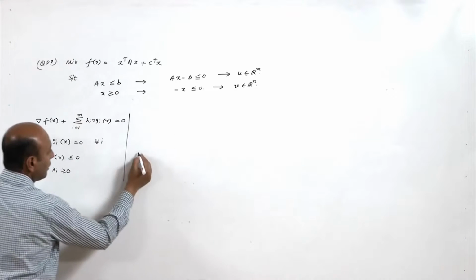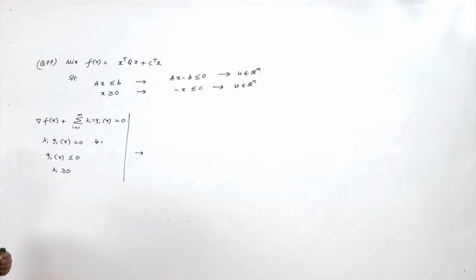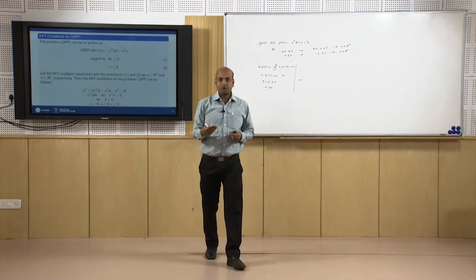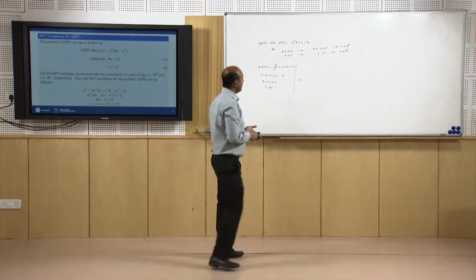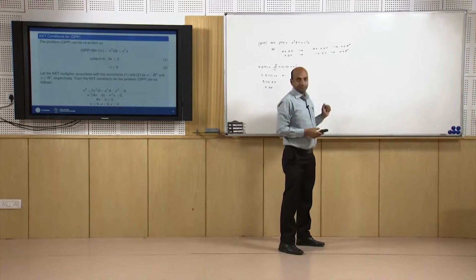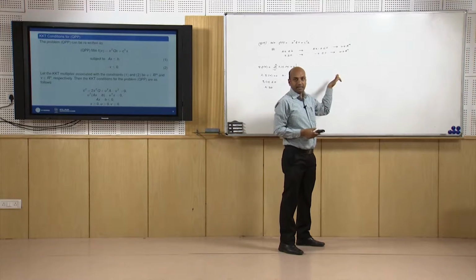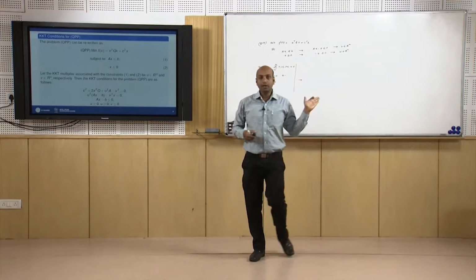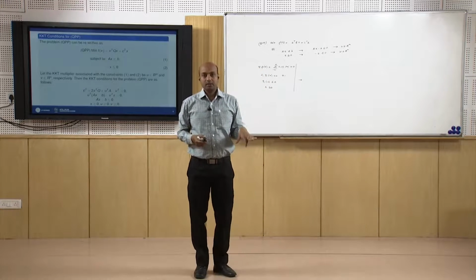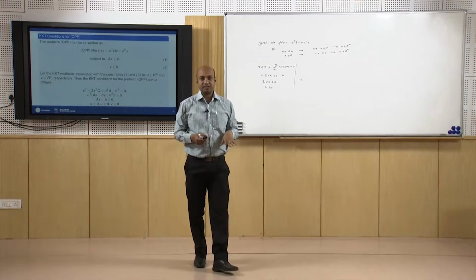Now here, instead of lambda i, which are the KKT multipliers corresponding to the constraints, we are having u and v as KKT multipliers corresponding to the constraints. The objective function is x transpose Qx plus c transpose x.